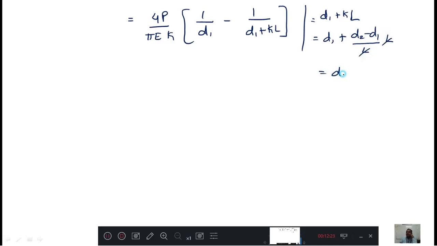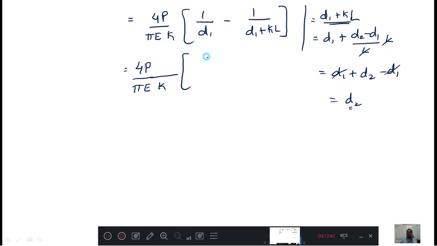This will be d1 plus d2 minus d1. This cancels. Therefore d2. Means in place of this I can write d2. Therefore it is 4P by pi E. Then what is this pi? Leave it, later we'll see. Then here it becomes 1 by d1 minus 1 by d2.